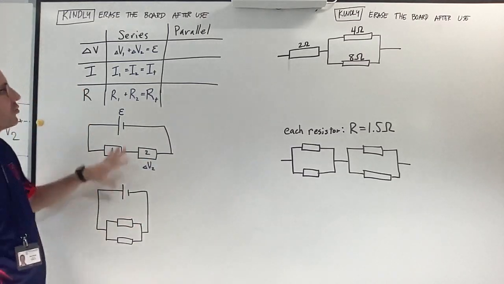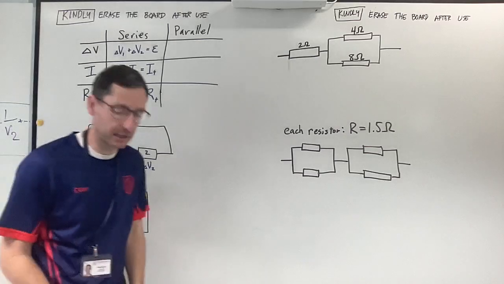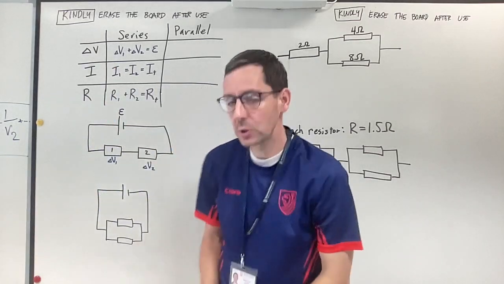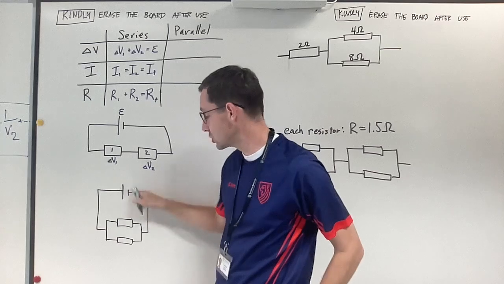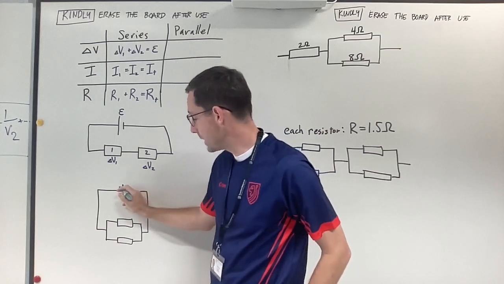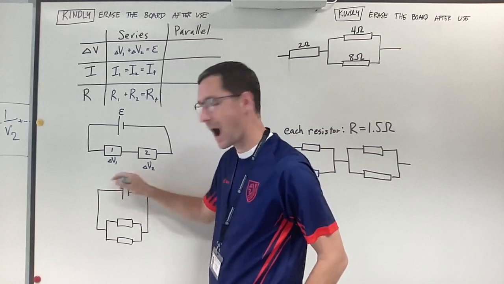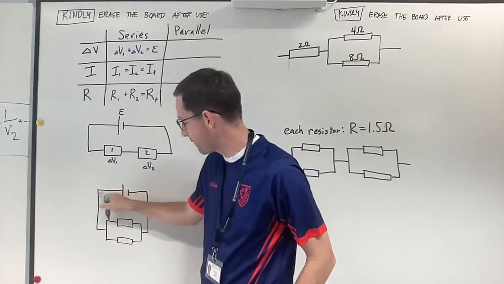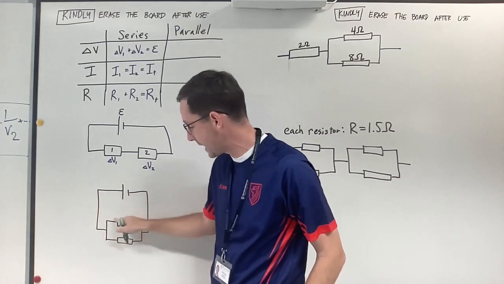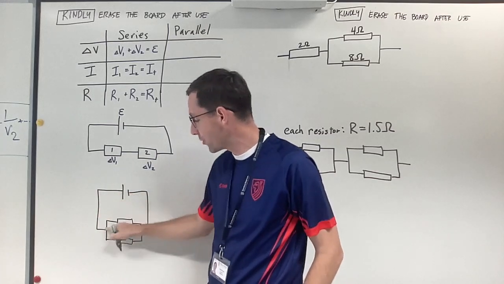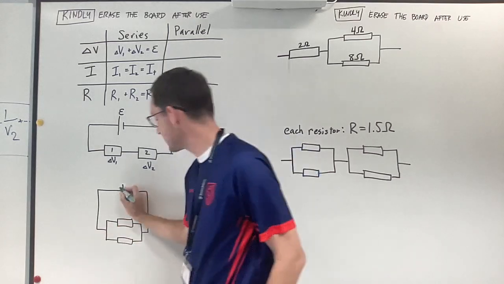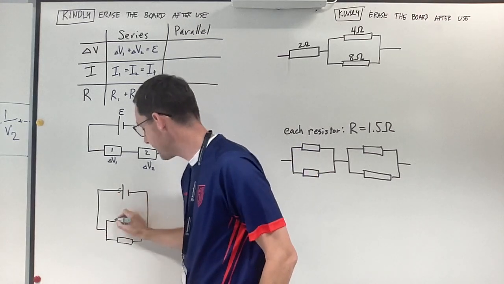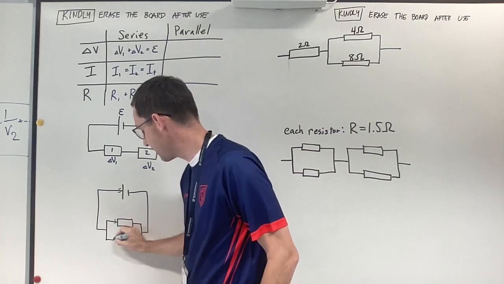Now let's go ahead and do the same thing for the parallel circuit, right? When we're looking at the parallel circuit, what we talked about is the potential difference provided here. We said if this was a 5-volt battery, this would be 5, 5, 5, 5, 5. We'd have the same potential anywhere where the wire is connected. So if my potential here is 5, then my potential there will also be 5.